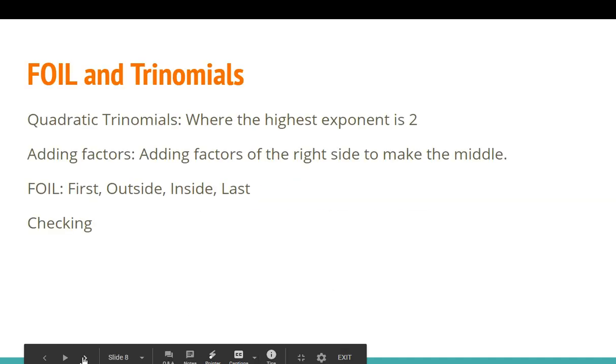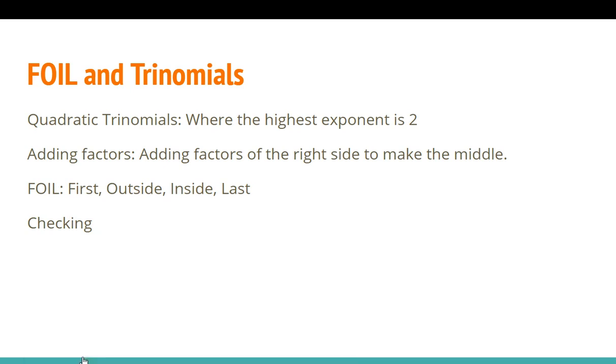Alright, FOIL and trinomials. So what are quadratic trinomials? Quadratic trinomials are trinomials where the highest exponent is 2. Next, adding factors. So, for example, if we have something like 12a to the second power plus 6a plus 8, we would add the factors of the right side of this equation to make the middle.